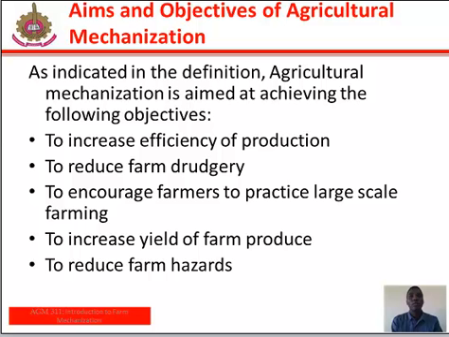Other objectives are to enhance the quality of farm produce, to ensure that farm work is carried out very fast, and to save labor through human labor replacement with machines. In doing this, labor is released to other services and industries.